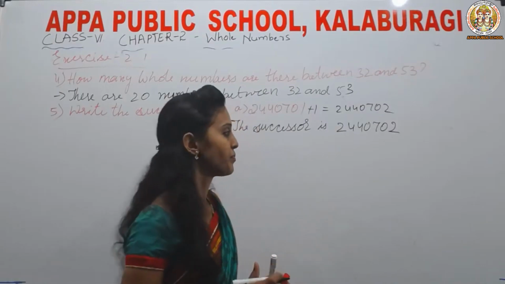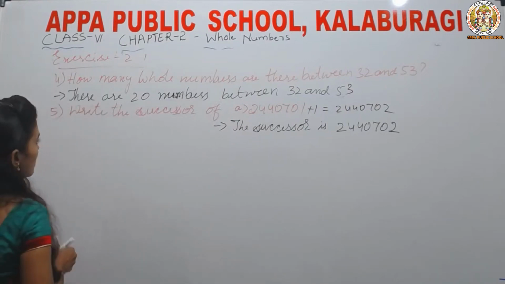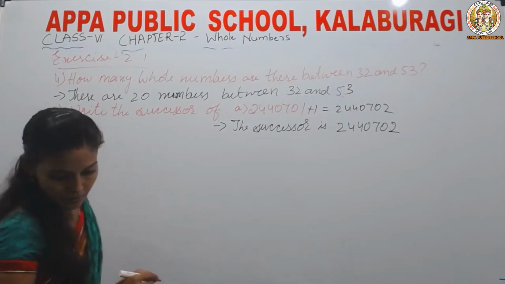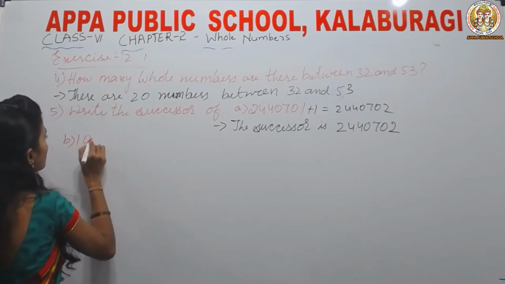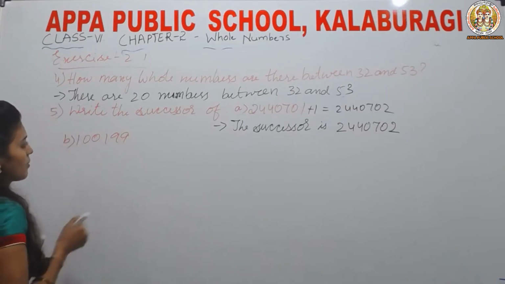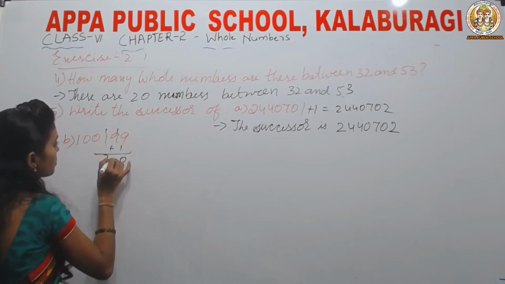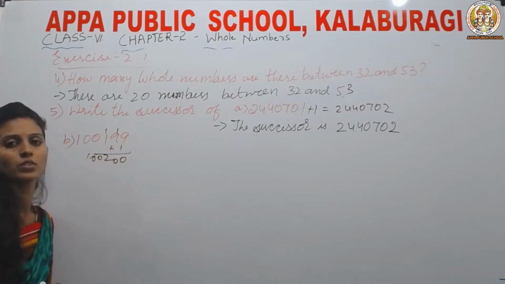Okay. Fine. Now, B1. 199. What's the successor? If I add 1 here, I'll get 0, 0, 2, remaining numbers as they are. Right?